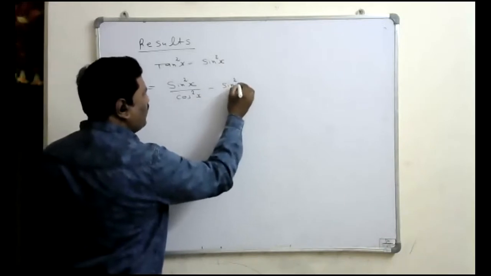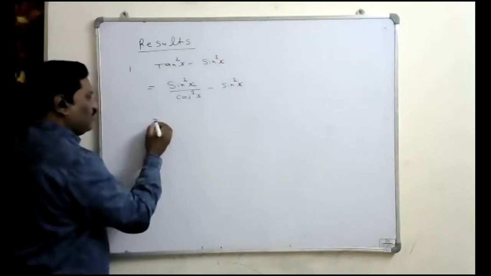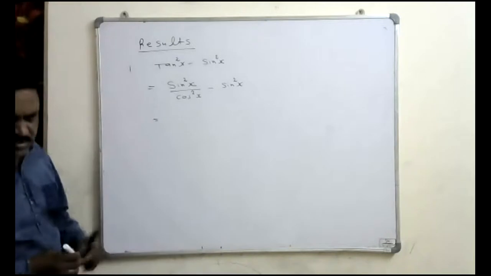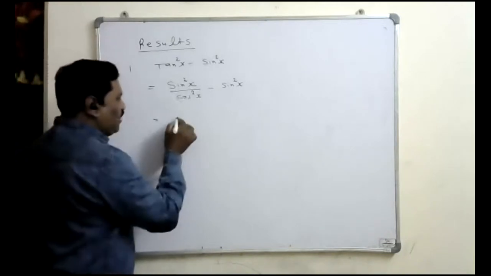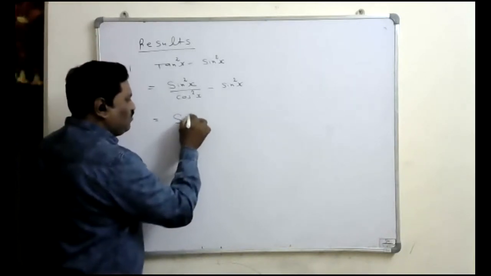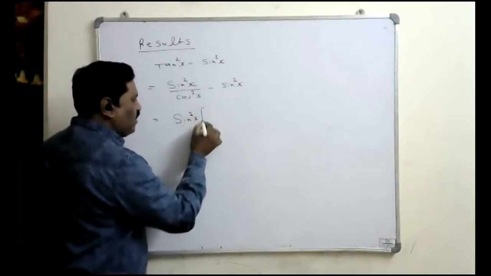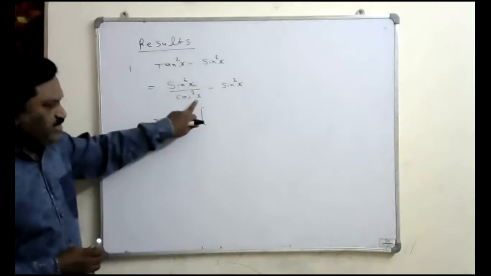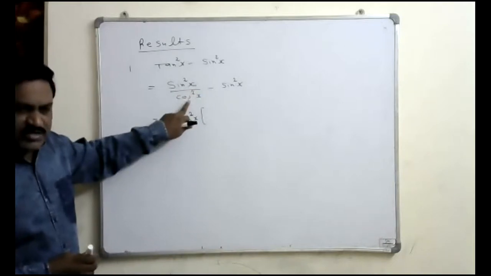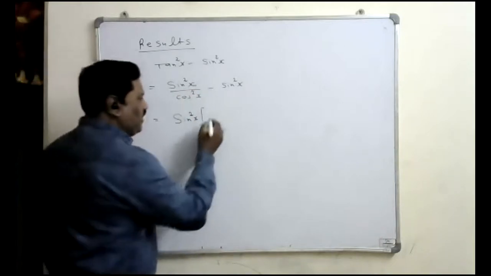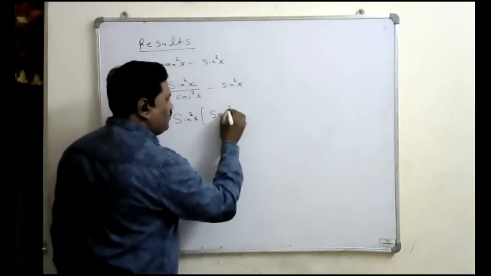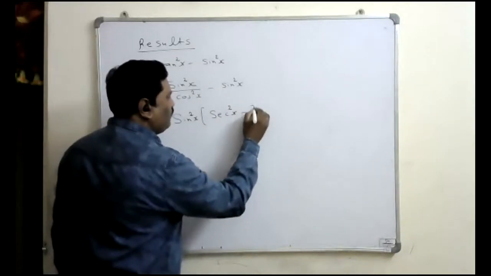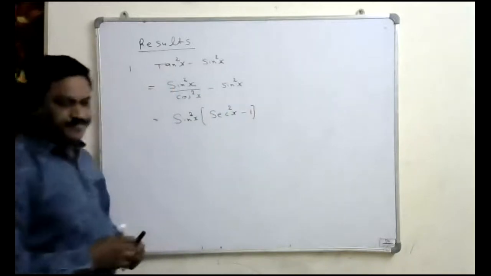From these two terms, we can take sin square x common. The remaining is 1 upon cos square x, and 1 by cos square x is secant square x, minus 1.